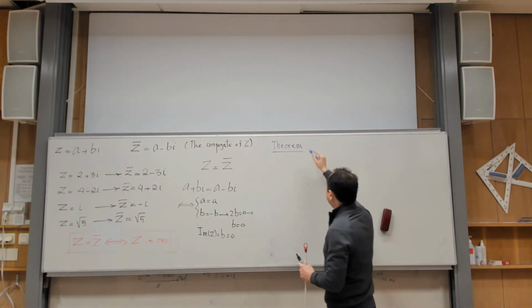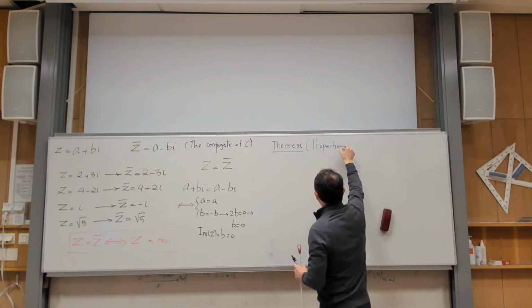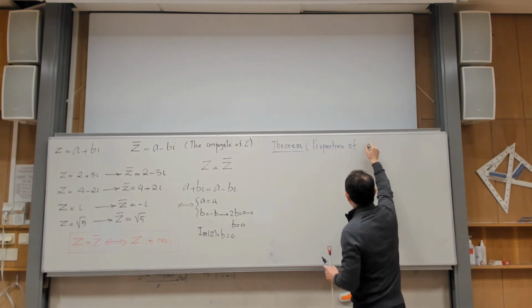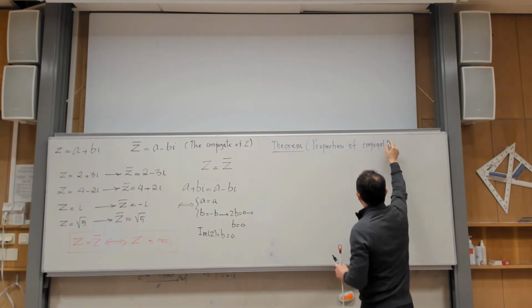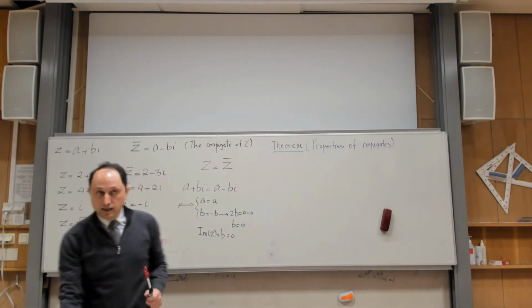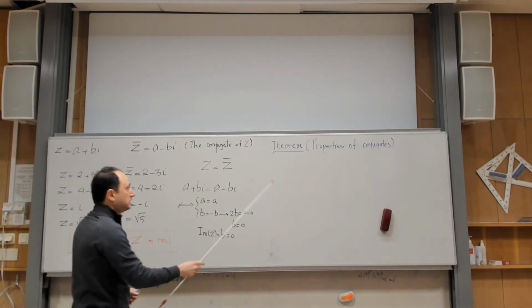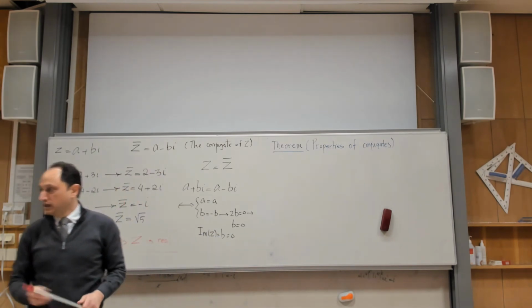So theorem, properties of conjugate. This is not higher than the level of the book, but they have given these parts as problems in the book. So let us discover them.